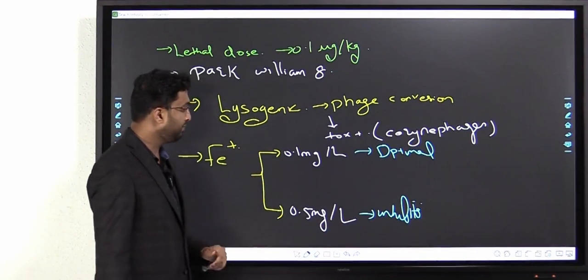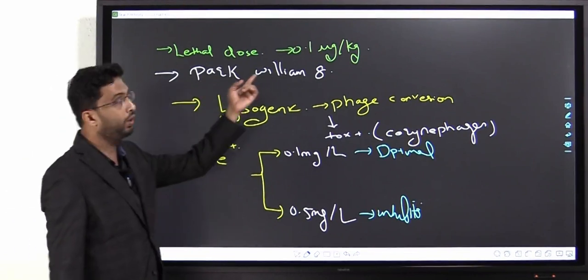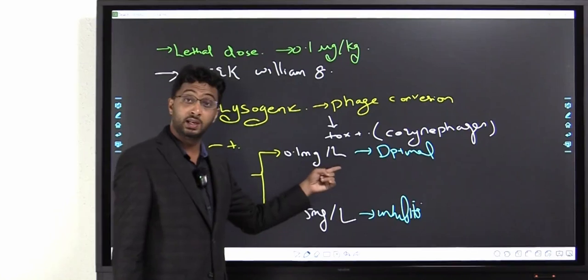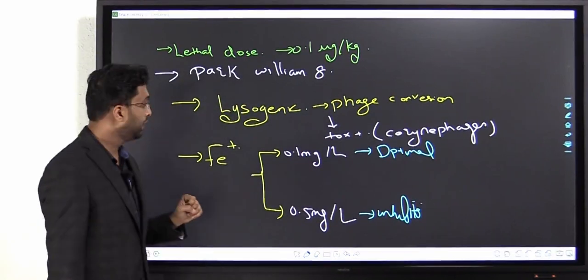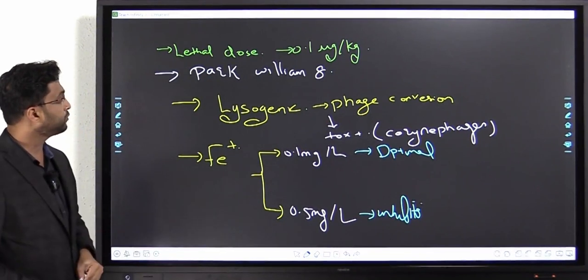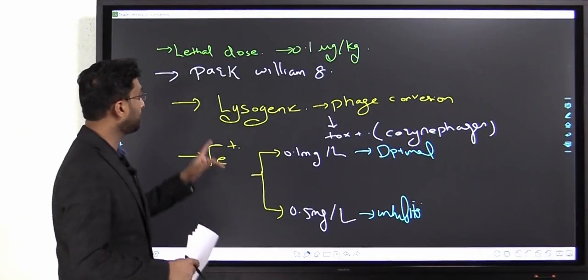So again we have studied two values now. Lethal dose is 0.1 microgram per kilogram. The iron concentration is 0.1 milligram per liter. The unit also varies there. The strain used for toxin production is Park William 8.